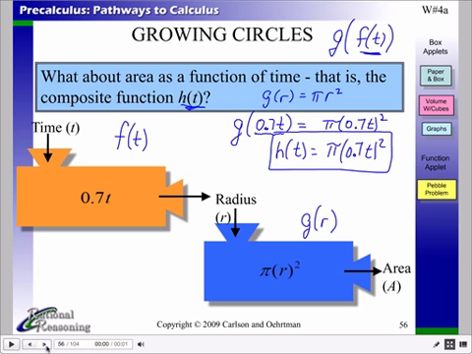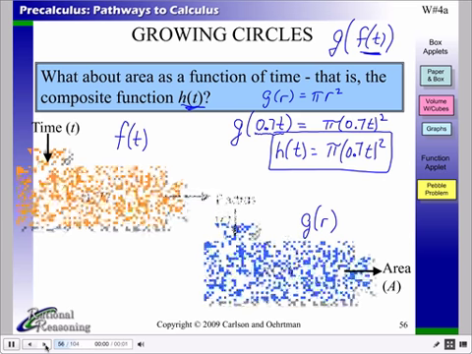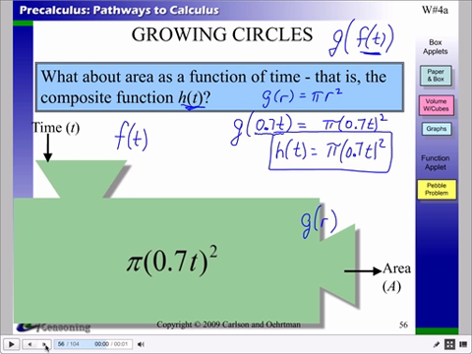Ready? Here it comes. Input time, output area, and here's the rule. So it eliminates the middleman. You can do it all in one step.